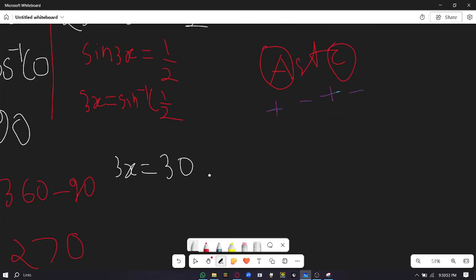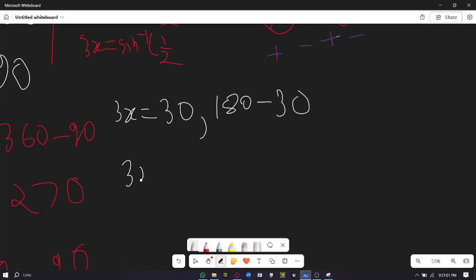So we will have 30 as it is, and the second quadrant is minus, so it's going to be 180 minus 30. So 3x equals 30 comma 180 minus 30, which is 150.